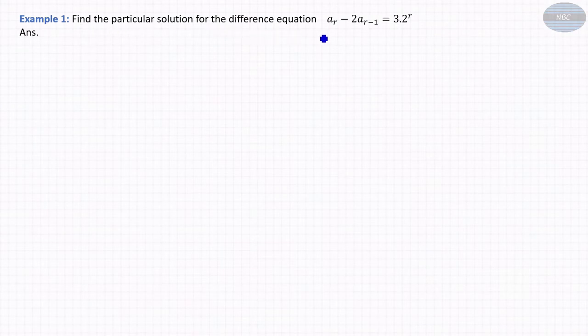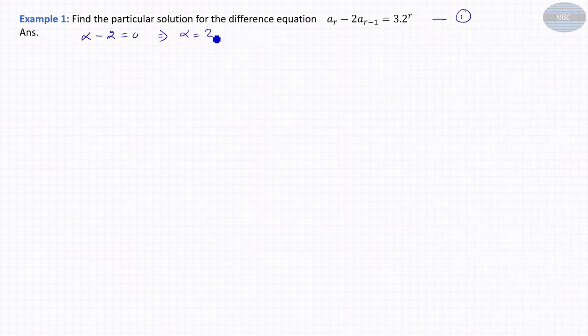Here we have a difference equation of order 1 and a polynomial of degree 0 on the right hand side with 2 to the power r. Let me call this equation 1. The characteristic equation is alpha minus 2 is equal to 0, which implies alpha is equal to 2.